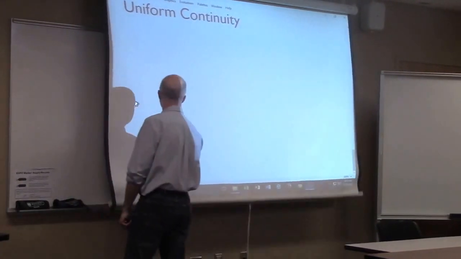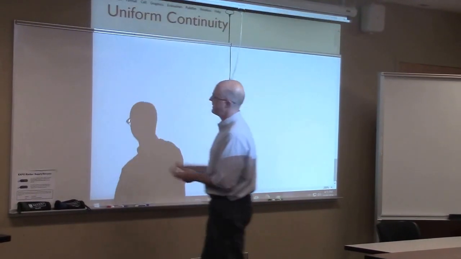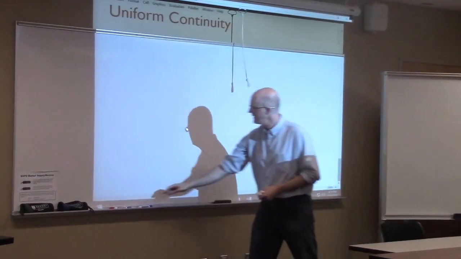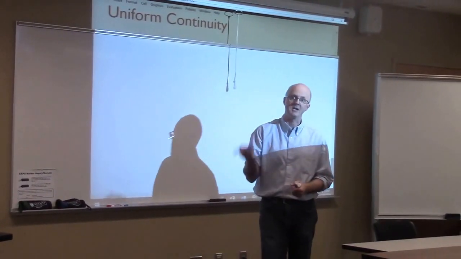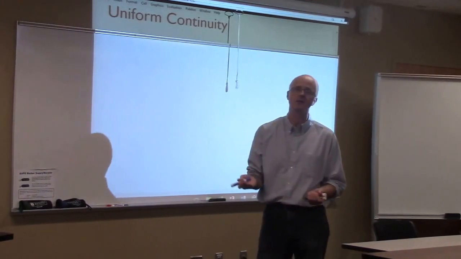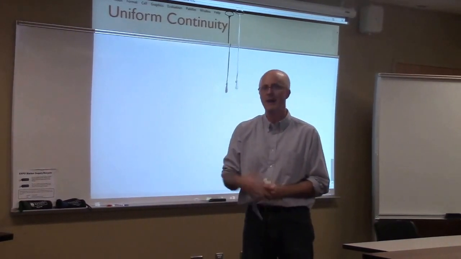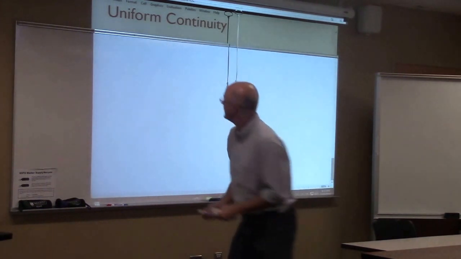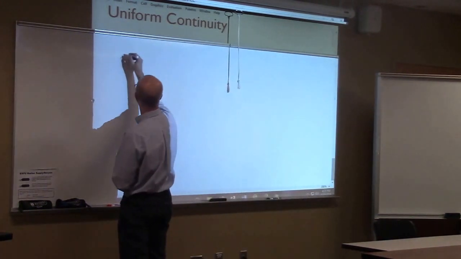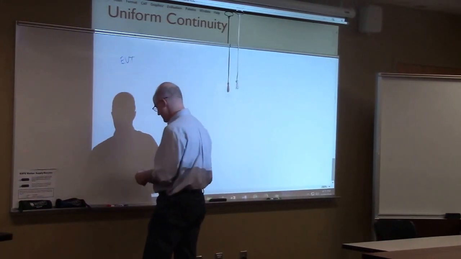I will again restate the extreme value theorem, both in the form that I showed you in Lecture 12, and also I'll talk about how it's related to the form in the book. So this is the EVT, extreme value theorem.